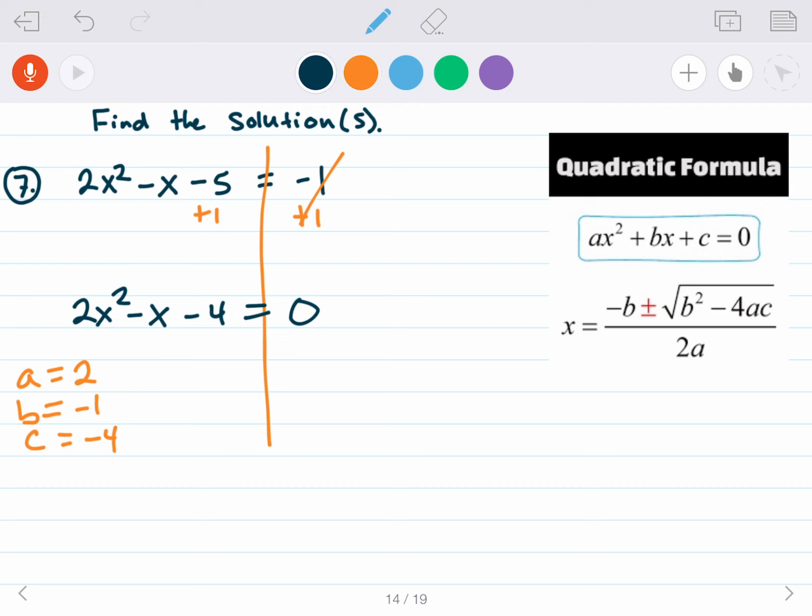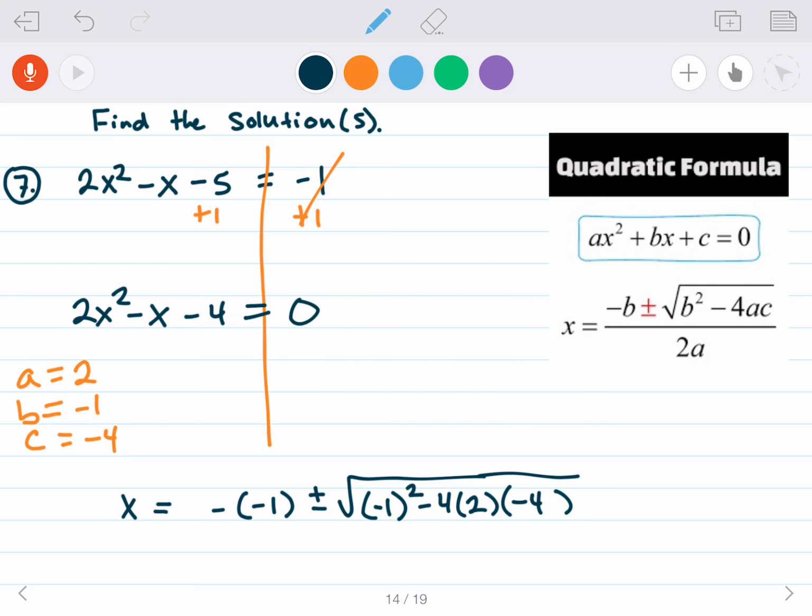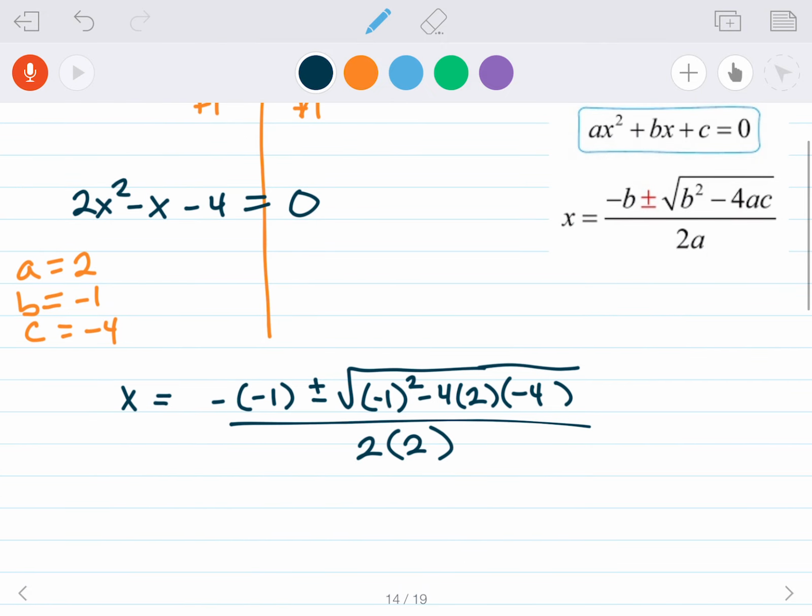From here, I can just plug my values into my quadratic formula to get my zeros. So I have x equals negative b plus or minus the square root of b squared minus 4 times a times c, all divided by 2 times a. Cleaning up the outside, I get a positive 1 right there.